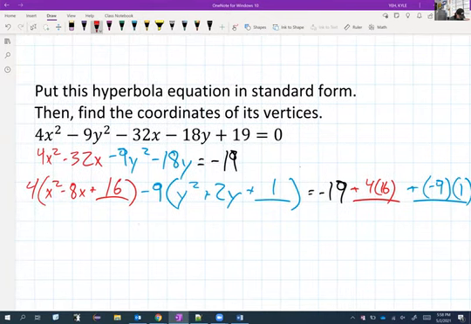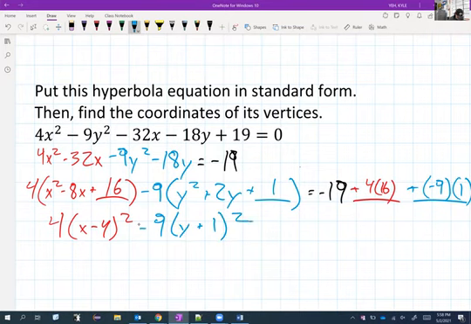So 4 times (x minus 4) squared minus 9 times (y plus 1) squared, just factoring those, equals negative 19 plus 64 minus 9, so plus 45 minus 9, 36 is what I'm getting in my head.